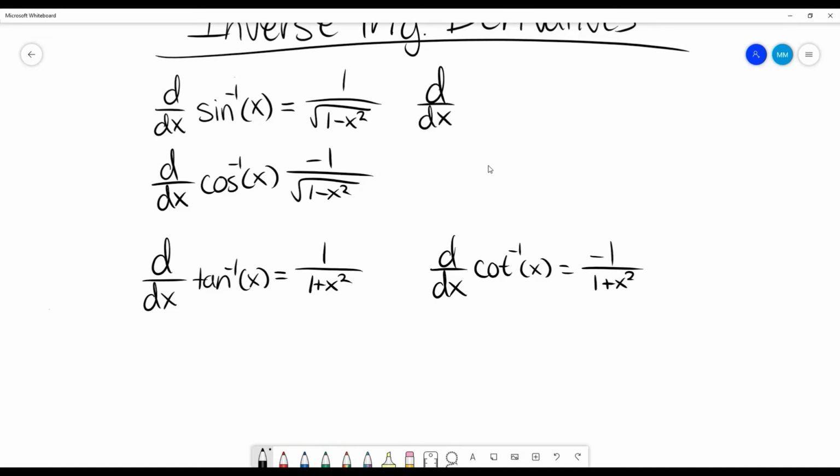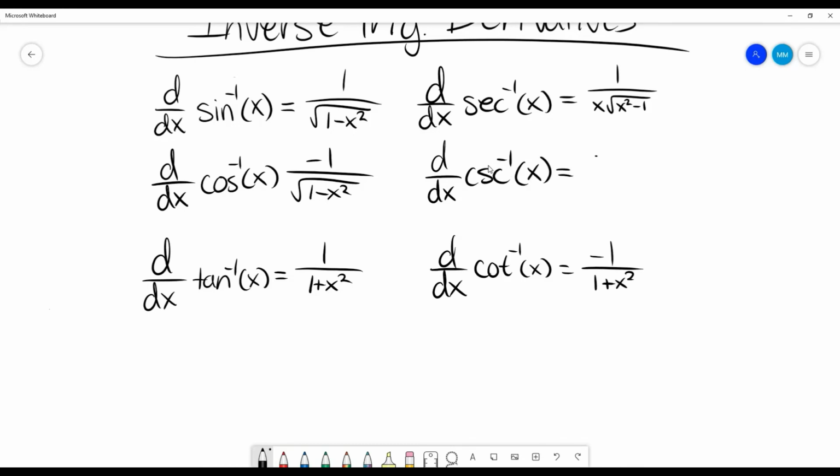Now, let's say we've got the derivative of inverse secant. It's a fun one. That's going to be 1 over x times the square root of x squared minus 1. And then the derivative of inverse cosecant, sorry, is the exact same, and once again, negative.